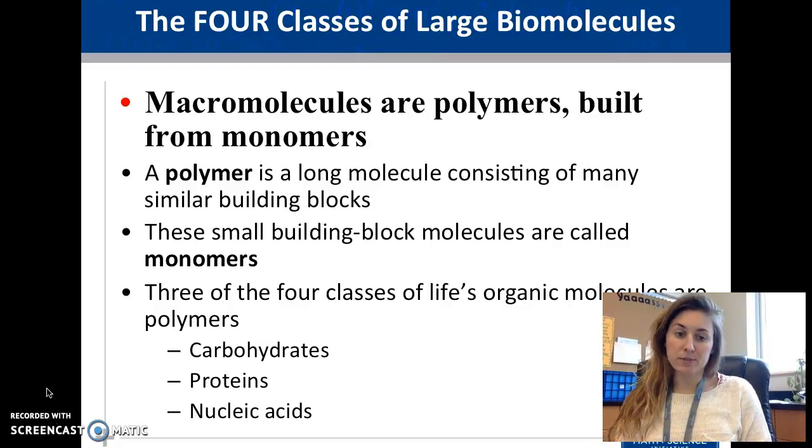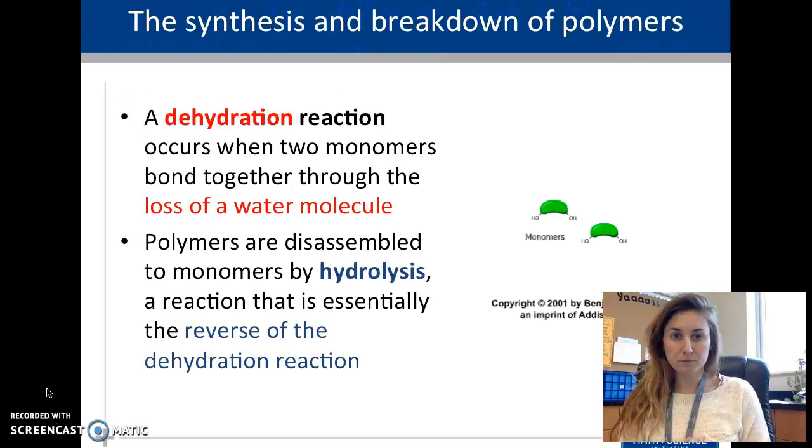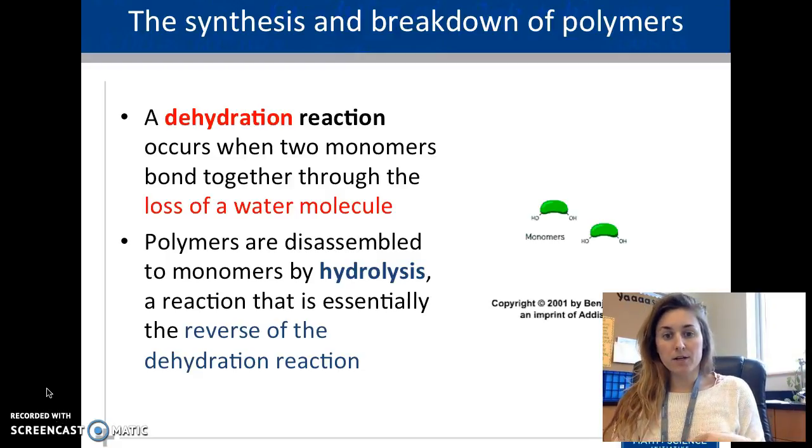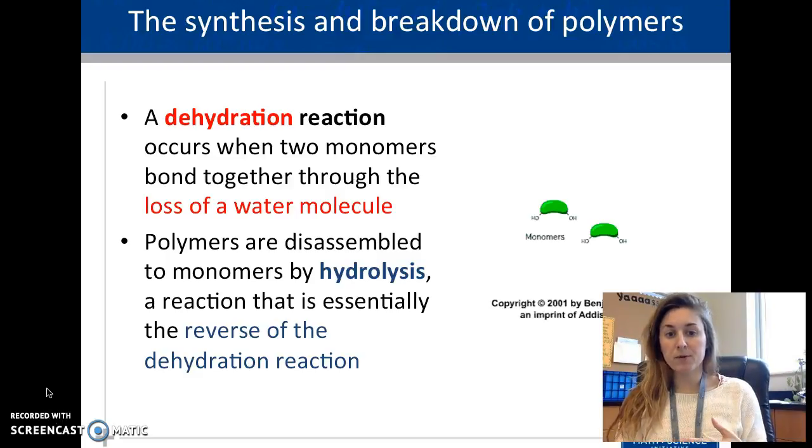Your lipids are going to be something different. When we talk about polymers, which are these long chains, they can be built, they can be broken down. When they are being disassembled, they're disassembled by something called hydrolysis, and they are assembled using dehydration.